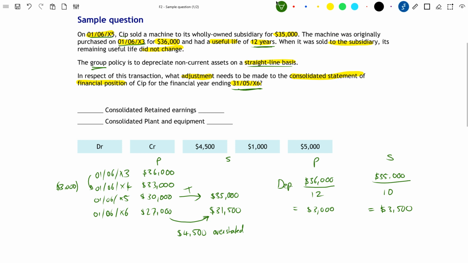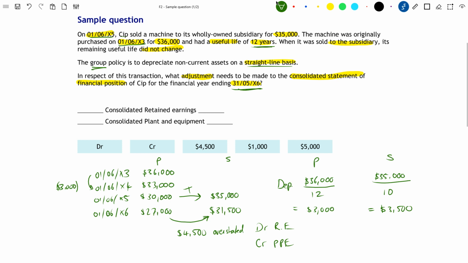So we're going to make a debit entry and a credit entry. If we're saying that assets have been overstated, then we need to reduce the value of those assets. So first of all, credit to PPE. What's the debit entry going to be? Well, because we're dealing with group accounts, it's going to be a debit entry to retained earnings. So that's going to be the answer.